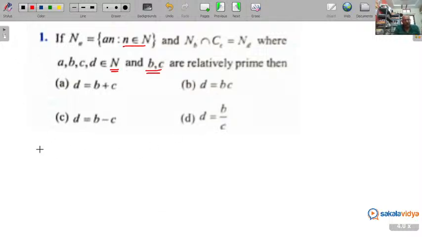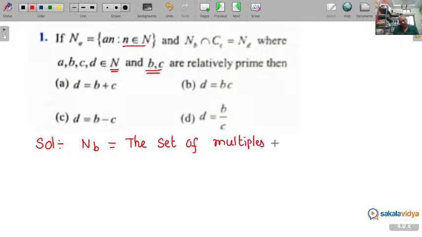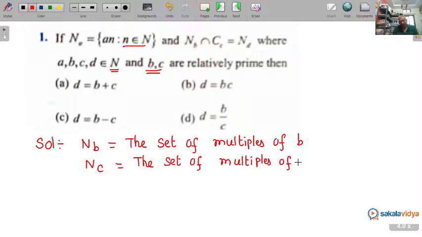So let me write clearly here. N of b is equal to the set of multiples of b. N of c is equal to the set of multiples of c.